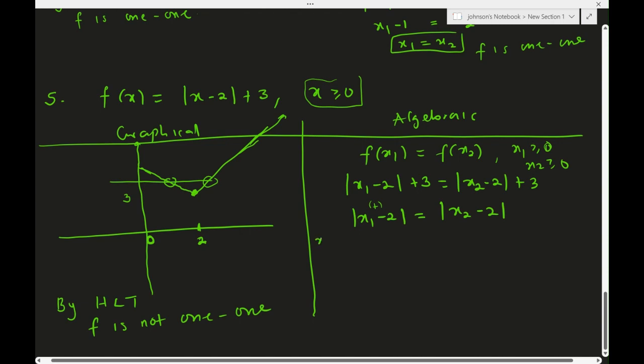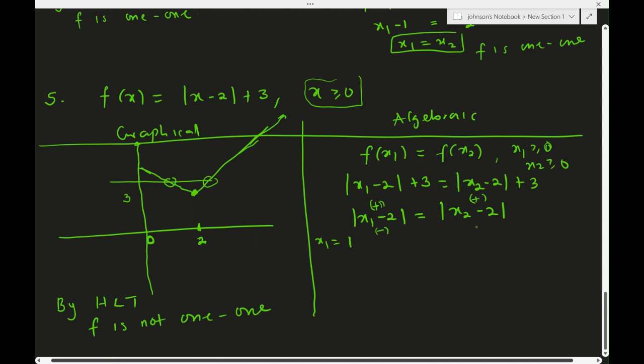For example, if I take x1 to be 5, because 5 is greater than 0, the content here will be positive, because 5 minus 2 is 3. But if I take x1 to be 1, 1 is also greater than 0, but in that case, 1 minus 2 is going to be negative.